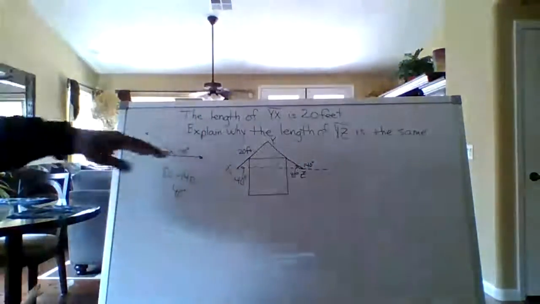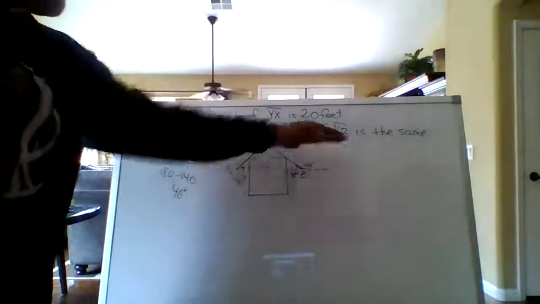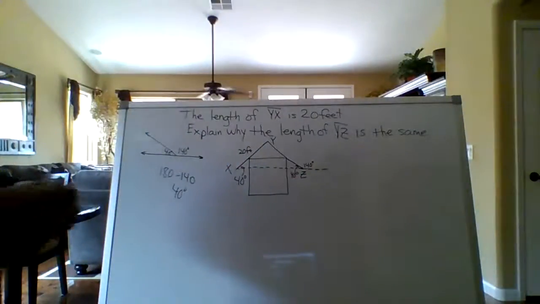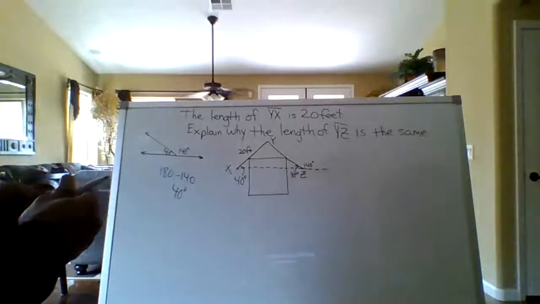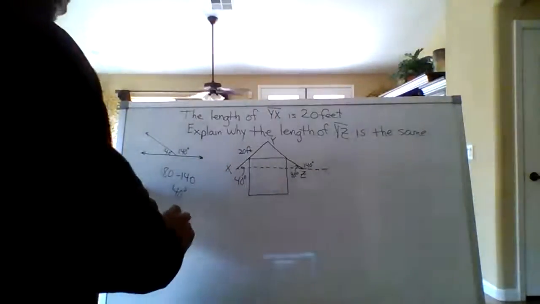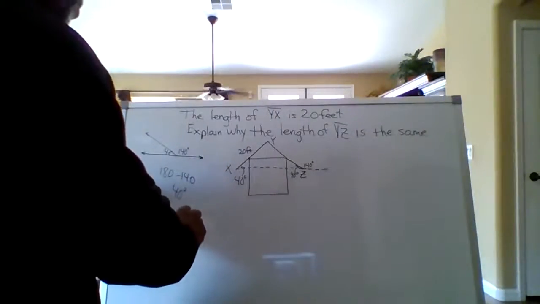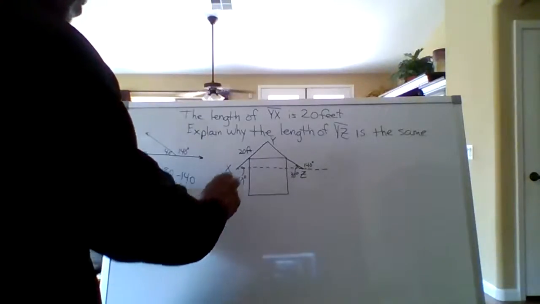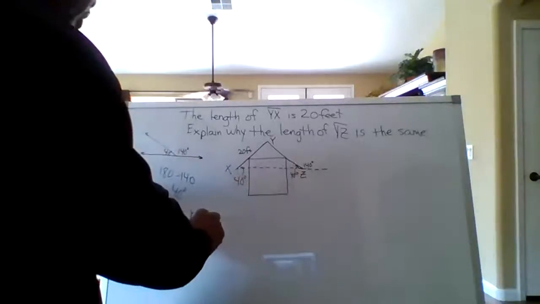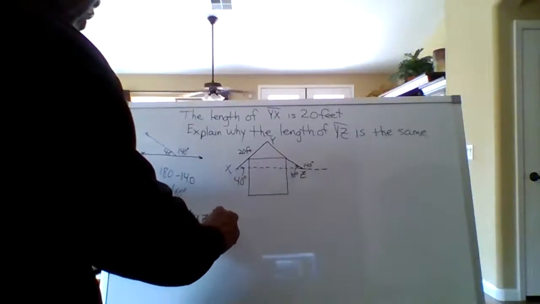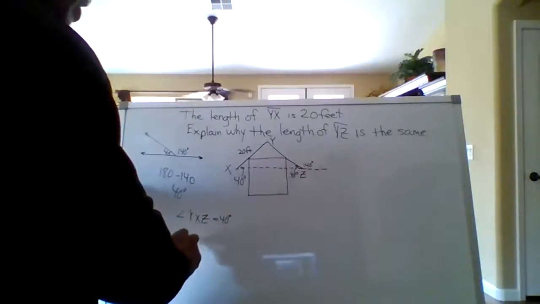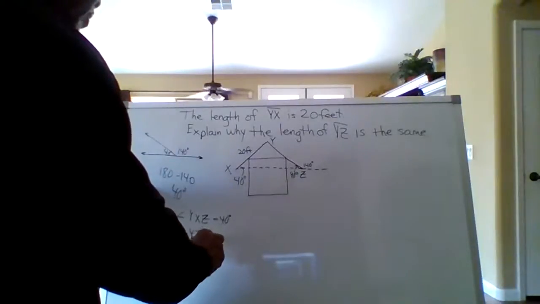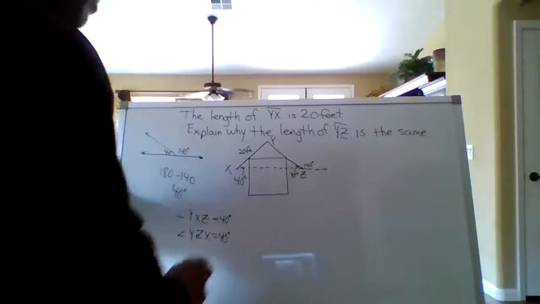Now, I wanna prove that YZ would be the same as XY, okay? So here I know that angle YXZ equals 40 degrees. And I know that angle YZX is 40 degrees.